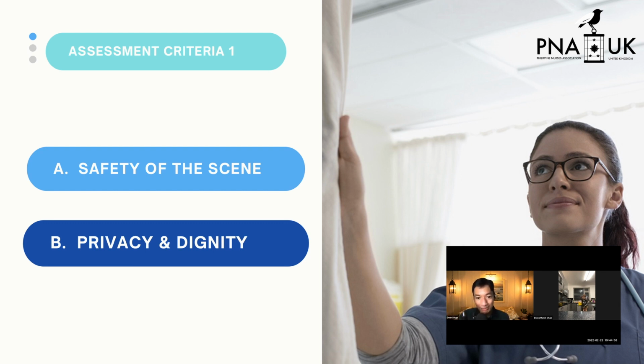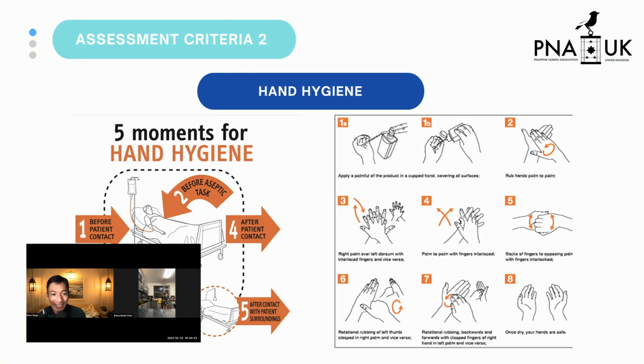All right, we're nearly done. So hand hygiene. The one on your screen are the steps of the hand hygiene. On the examination, you're only washing your hands using a hand gel, so you're basically performing a hand rub.